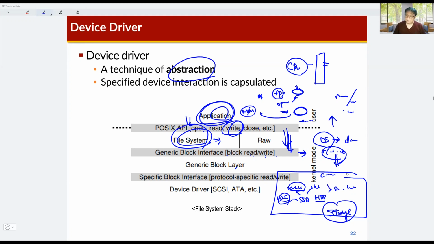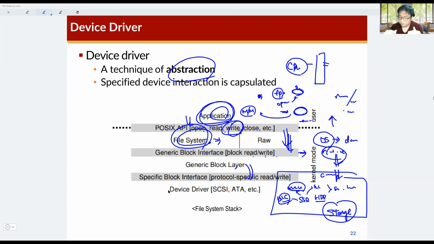And then how these commands are processed by the storage device? Also, there are different kinds of storage interfaces such as SCSI, ATA, or NVMe. So these are different types of storage interfaces. In order to support these different interfaces, we need to have device drivers.